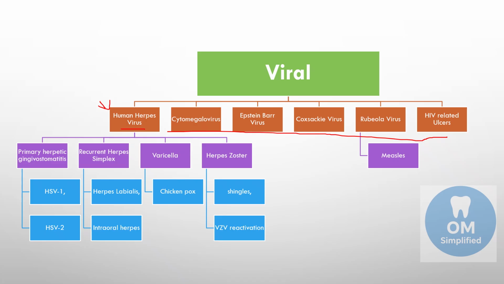So, human herpes virus can cause primary herpetic gingivostomatitis that can be caused either by HSV1 or HSV2. It can cause recurrent herpes simplex that can lead to herpes labialis or intraoral herpes. Then we have varicella that causes chickenpox and herpes zoster that causes shingles or varicella zoster virus reactivation.